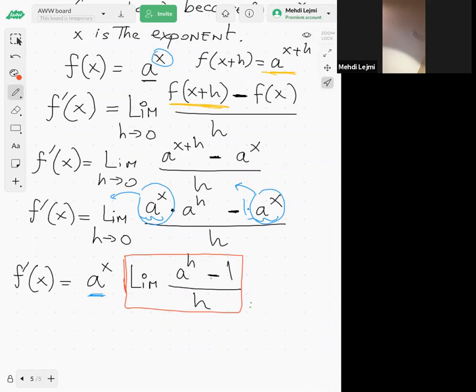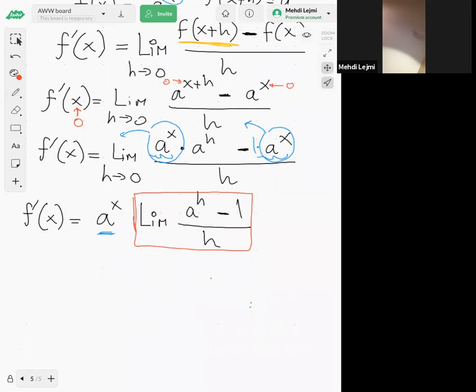If you replace x by 0 in the derivative, you get a to the h minus a to the 0 over h. So that would be f prime of 0.